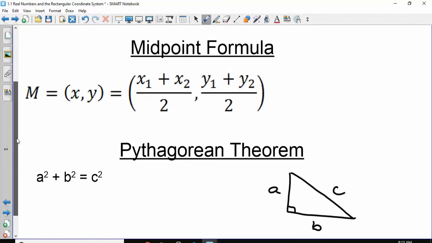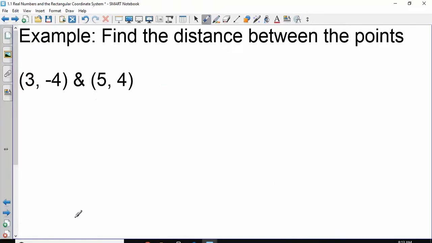All right, let's just work through some problems. So I want to find the distance between the points (3, -4) and (5, 4). And you guys just got done writing down the distance formula.